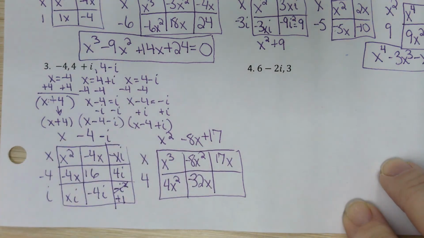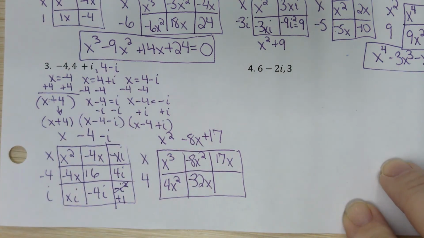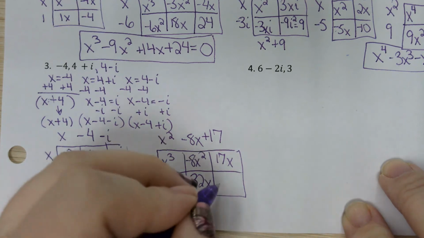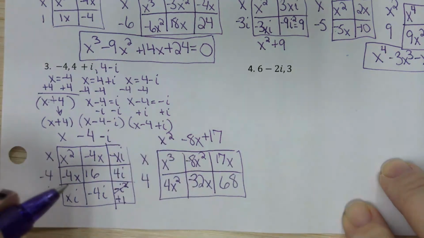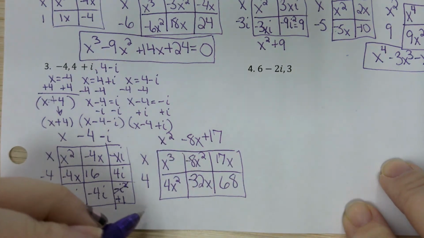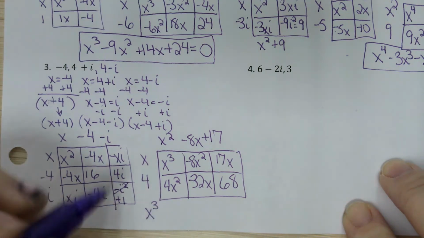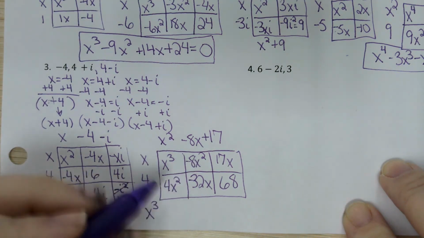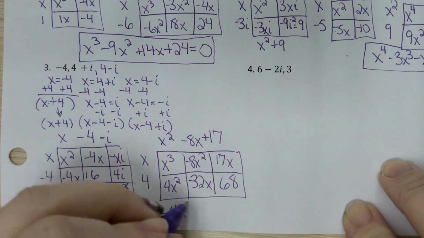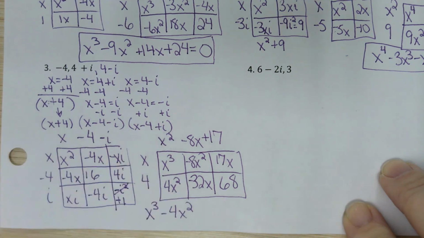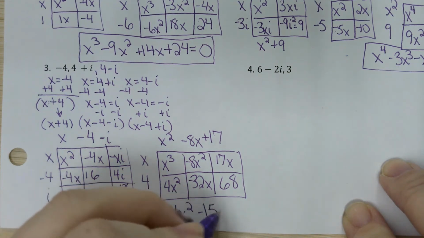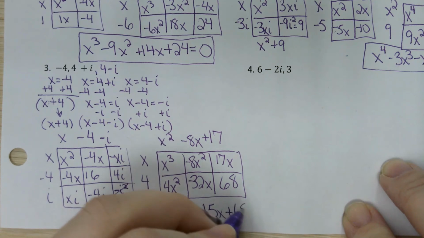And then we have 17 times 4, which is 68. So my final answer, x cubed. These two combine together to be negative 4x squared. Negative 32 plus 17 combines together to be negative 15x, and then a positive 68.